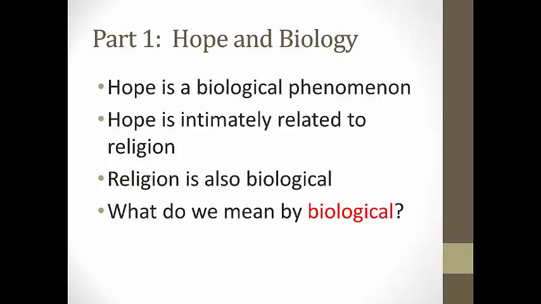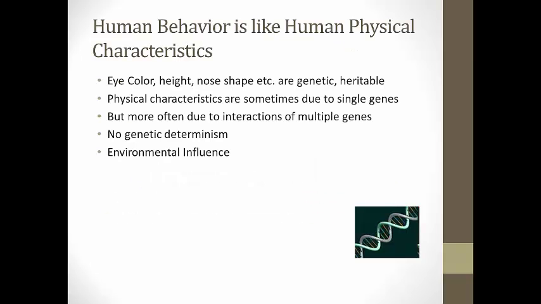So at this point, we need to ask, all right, what exactly do we mean when we say something is biological? Well, to this extent, human behaviors, such as hope or belief in God, are similar to human physical characteristics, which you're likely to be more familiar with.